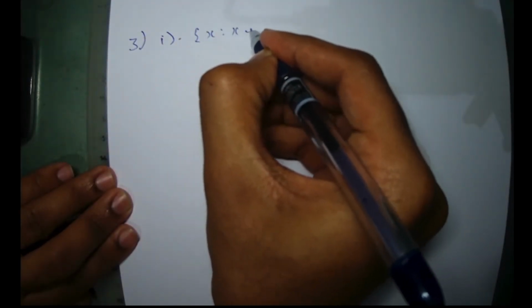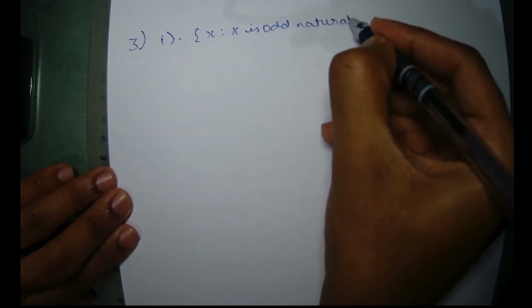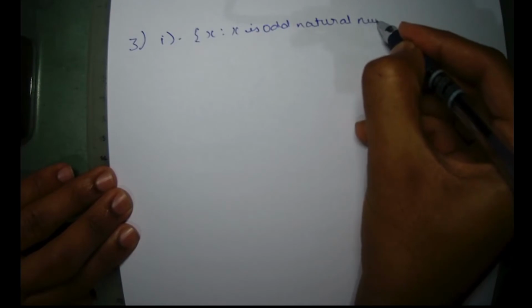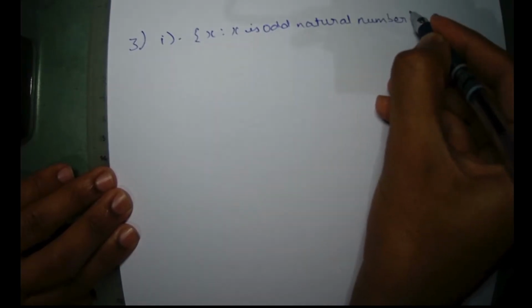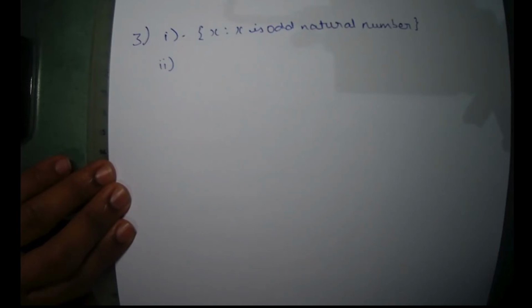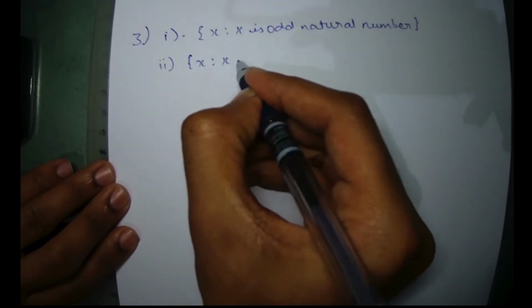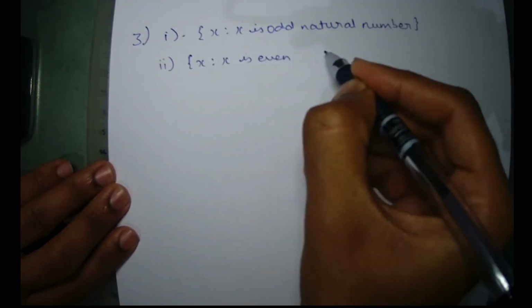So complement of this will be X, where X is an odd natural number. Complement of all even numbers is odd numbers. The answer of our first one is this. So second we have X is an odd natural number. So for this the complement will be X is an even natural number.